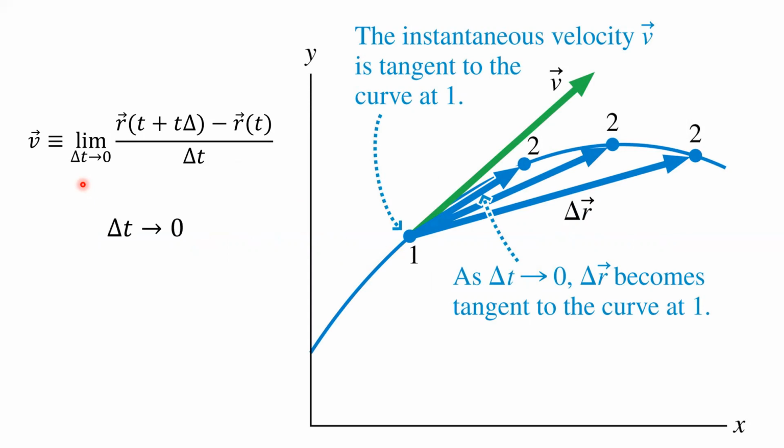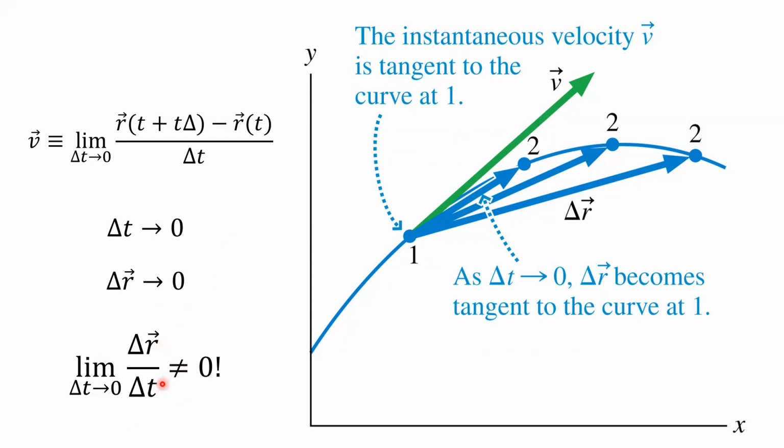Once again, as you take this limit, yes, the time interval shrinks to 0, and that means that the length of delta r also goes to 0, because you can't move very far in a small unit of time. But the important thing here, and this is an idea from calculus that you really want to understand, is that just because these two quantities are both going to 0 does not mean that their ratio is 0. What exactly is 0 divided by 0? That's undefined, right?